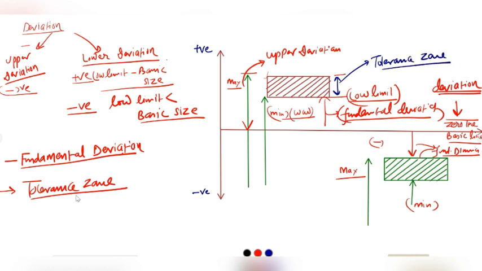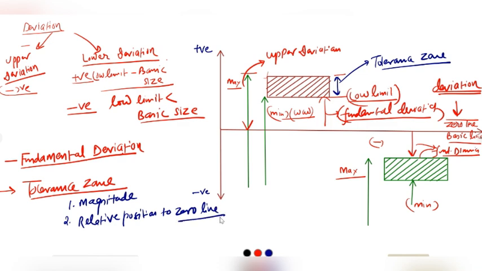Tolerance zone is defined by two things. Number one, it is defined by the magnitude, and the other is its relative position to the zero line.